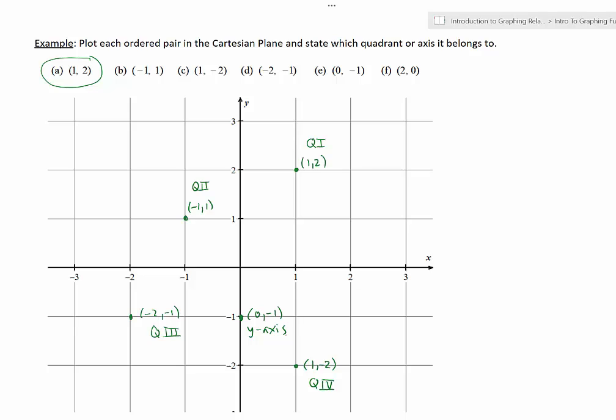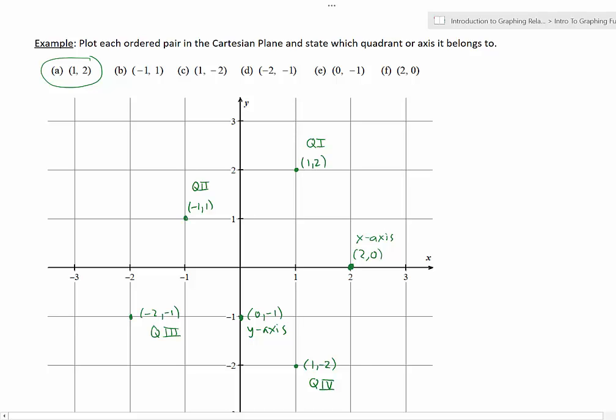Finally, part F, we're going to plot the point (2, 0). So that means we move 2 units to the right from the origin, but then we do not move up or down since the output, the y value, is 0. So that point right here, (2, 0), is located on the x-axis. So there you go.